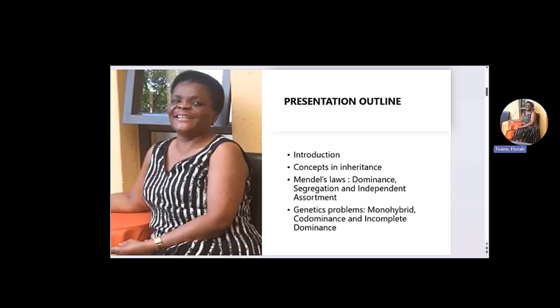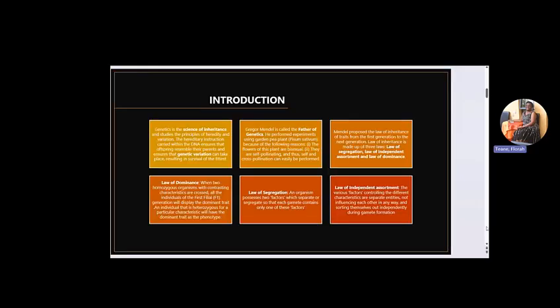Then we'll be unpacking concepts about inheritance, then tackle Mendel's laws of dominance, segregation, and independent assortment. We're also going to engage in a number of genetic problems, such as monohybrid, co-dominance and incomplete dominance. Right?